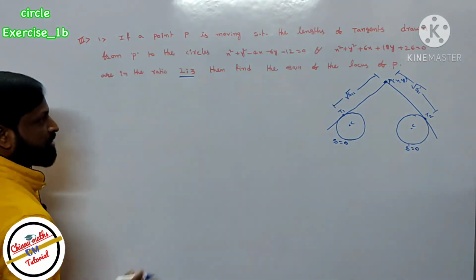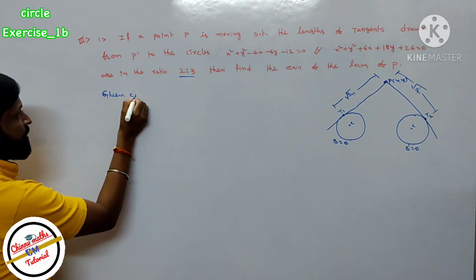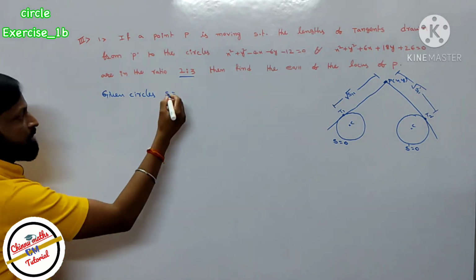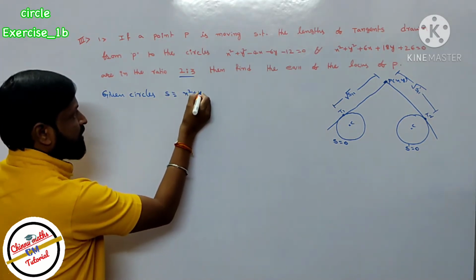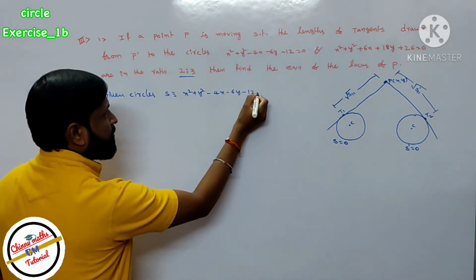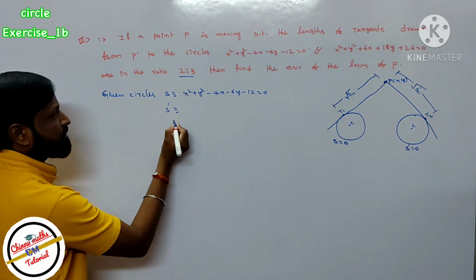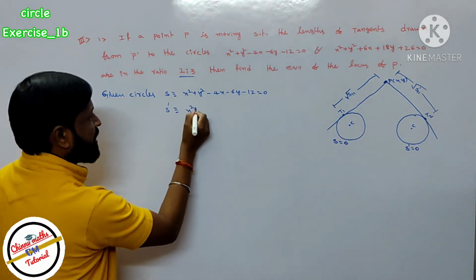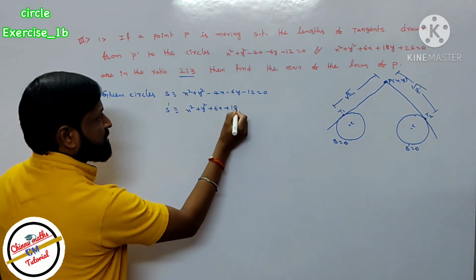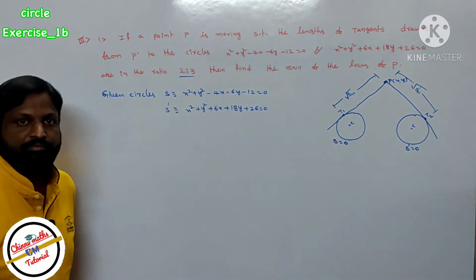See here, with respect to the diagram, given circles. S equal to, what is the first circle? x square plus y square minus 4x minus 6y minus 12 equal to 0. S dash equal to, the second circle equation is x square plus y square plus 6x plus 18y plus 26 equal to 0.